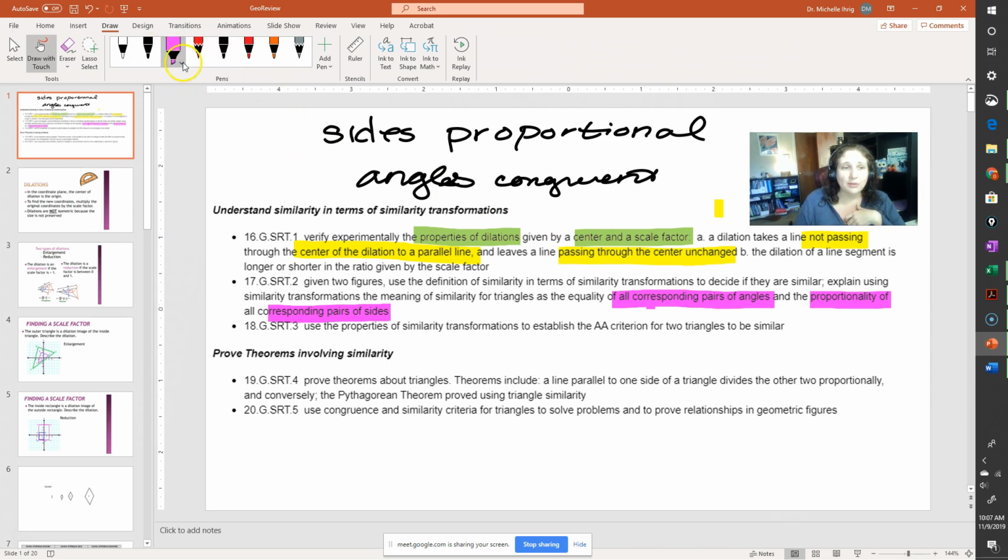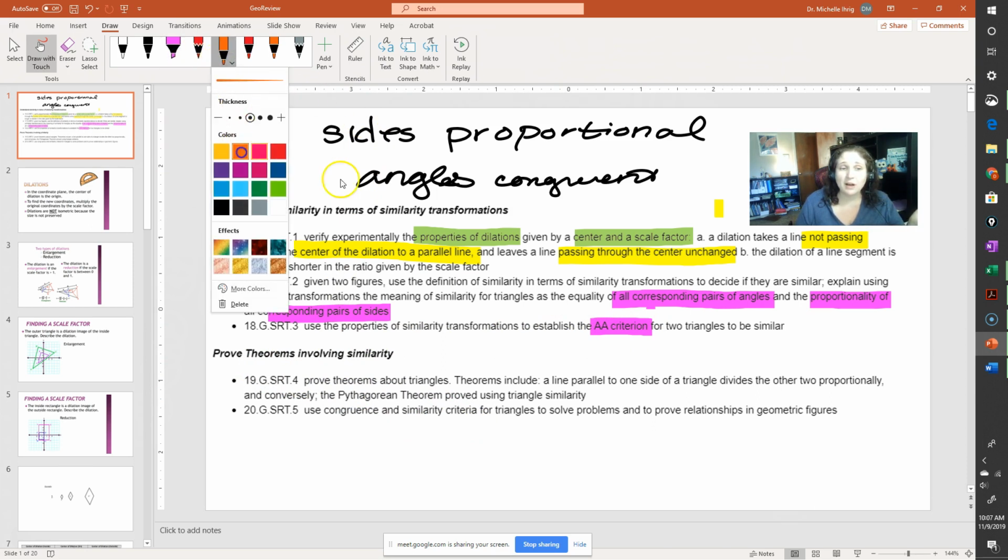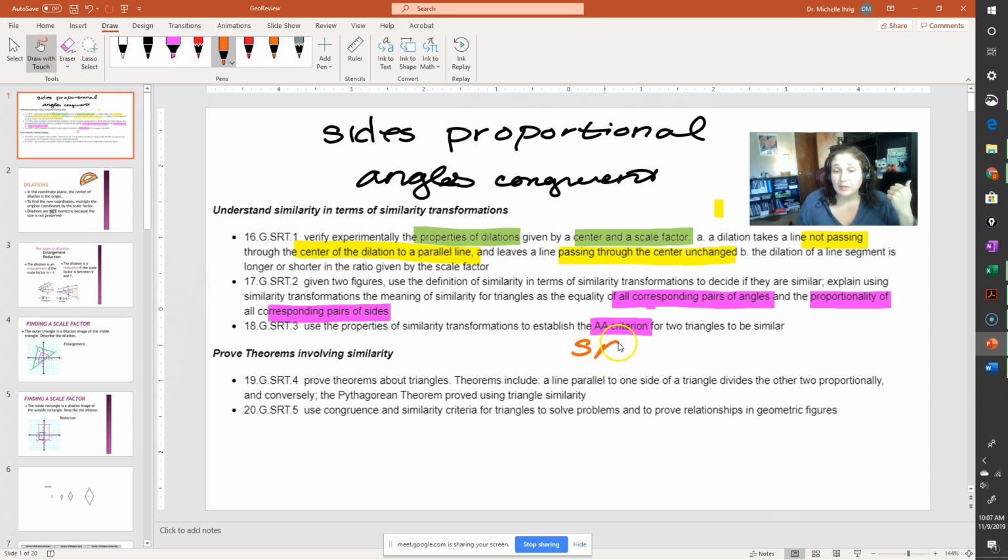Next, we need to know things like using properties of similarity, including angle. Coming down, we've also talked about side-angle-side proportionality. I mean, if the sides are proportional and the angle is congruent, then we can use side-angle-side to prove they're similar.